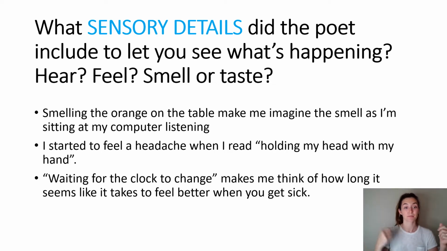For example, smelling the orange on the table made me imagine the smell as I'm sitting here listening at my computer. Maybe you started to feel a headache when the poet wrote, holding my head in my hand. Or maybe you can really understand that feeling of waiting for the clock to change, and it makes you think about how long it seems to take when you're sick and you really badly want to feel better.